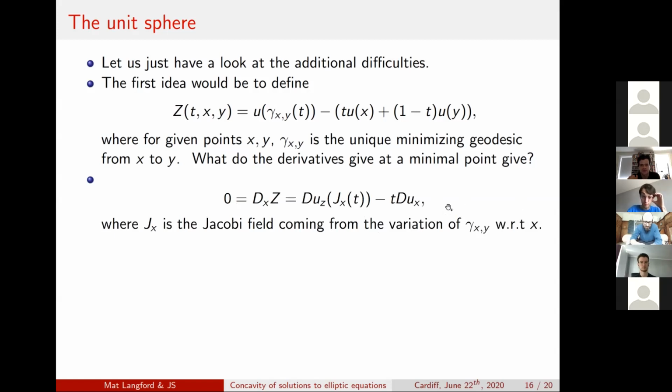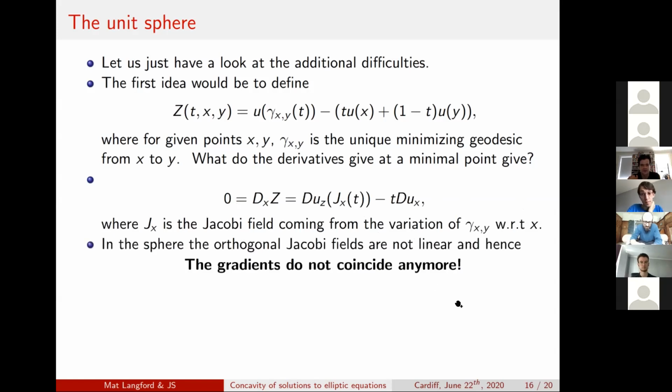The problem is now, what do we do with this relation? The gradients do not coincide anymore, because Jacobi fields on the sphere are not linear. They are given by sines and cosines of the geodesic parameter. So we don't have equality of the gradients anymore, which is bad because we needed that in the calculation to relate all of these things with the PDE.